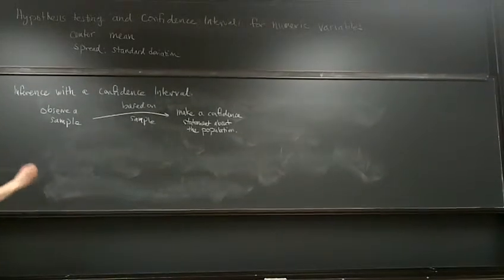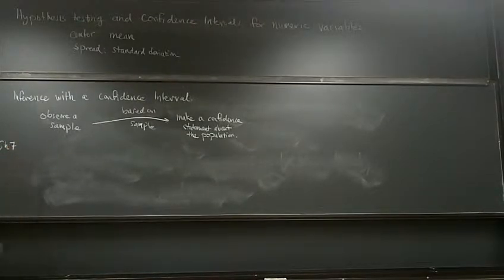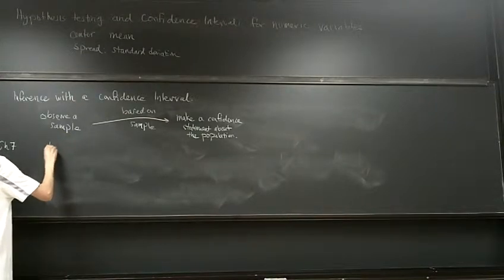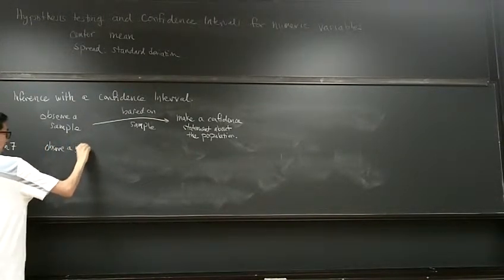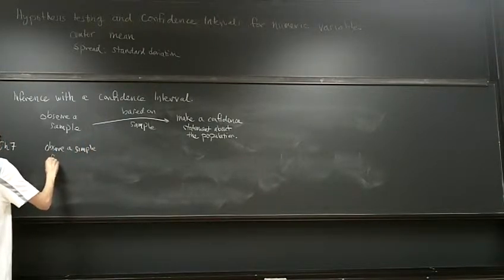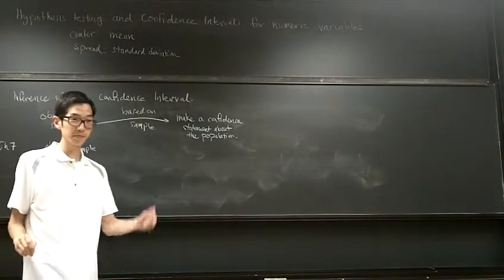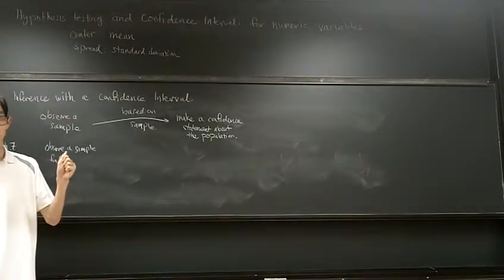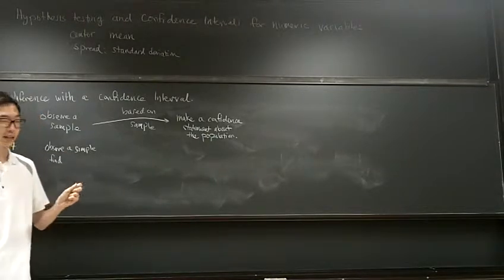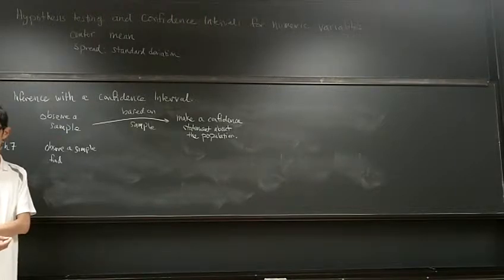And so in chapter 7, we observe a sample, and we find from the sample, what do we find? A sample proportion, okay? And what symbol do we use for our sample proportion?